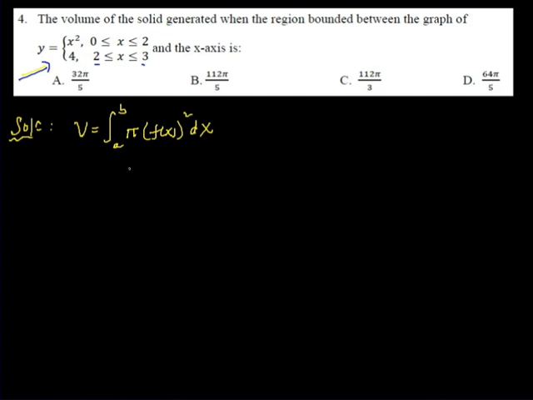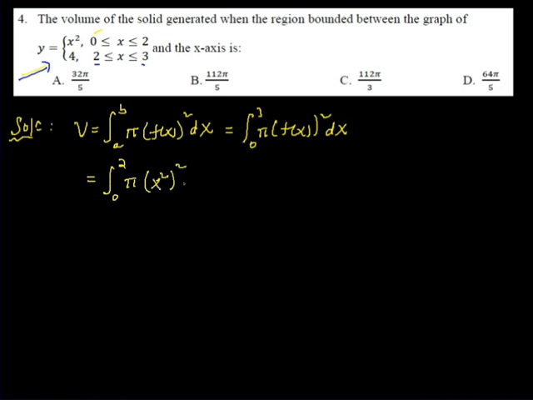This is the formula for the volume of a solid generated by the function f revolving on the x-axis. So the function is given from 0 up to 3 totally, f of x the whole square dx, but this function is different from 0 up to 2 and from 2 up to 3. So we evaluate the integral from 0 up to 2 times pi, f of x is x squared in this interval.